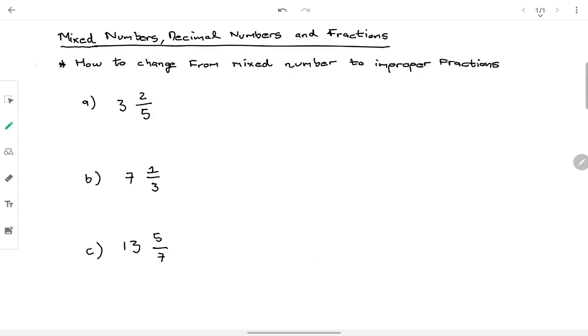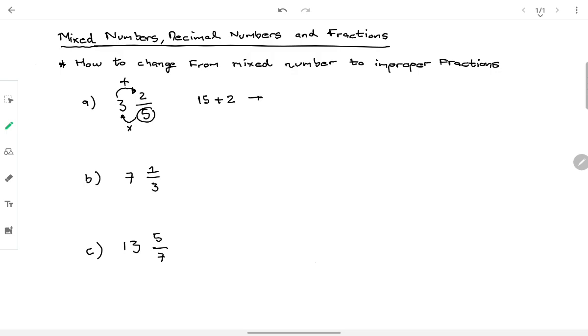Let's see now the opposite, how to change from a mixed number to an improper fraction. It's a similar process we need to make. We need to multiply the denominator by the whole part, and we need to add the numerator. That means if we multiply 5 times 3, it gives us 15 plus 2.